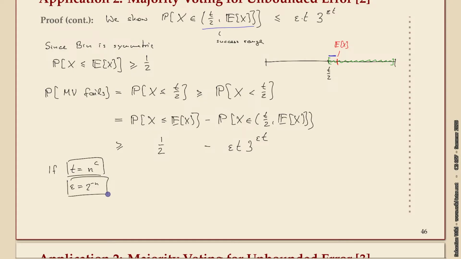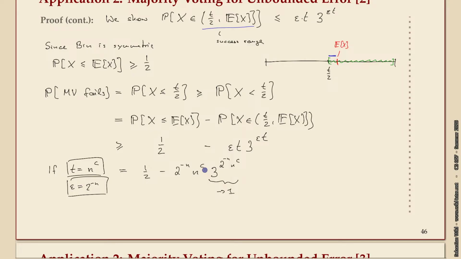Then what do we get? 2 to the minus n, n to the c, 3 to the 2 to the minus n, n to the c. So essentially the exponent is going to 0 very quickly. So the exponent part is going to 1.